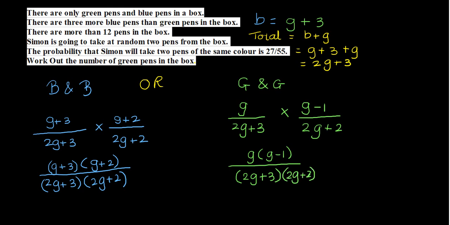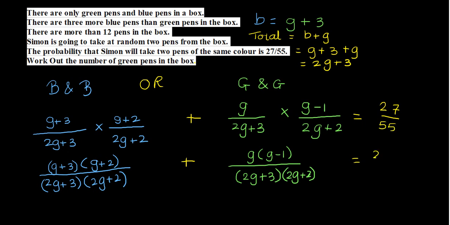Okay, so those are the two outcomes. If I add these two possibilities up, that would give me the probability of the two pens being of the same color, which is 27 over 55.